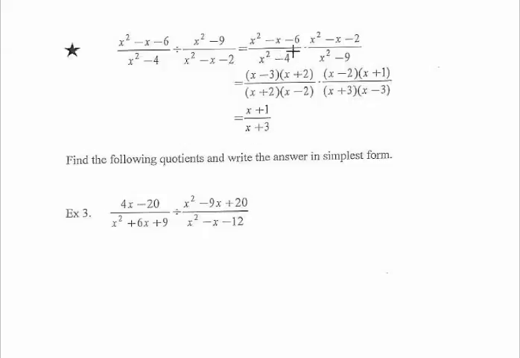The difference of squares here factors as x plus 2 and x minus 2, and so on. So at this point, we cross things out that are common to both the numerator and denominator, and we're left with an x plus 1 and an x plus 3 as our rational expression.